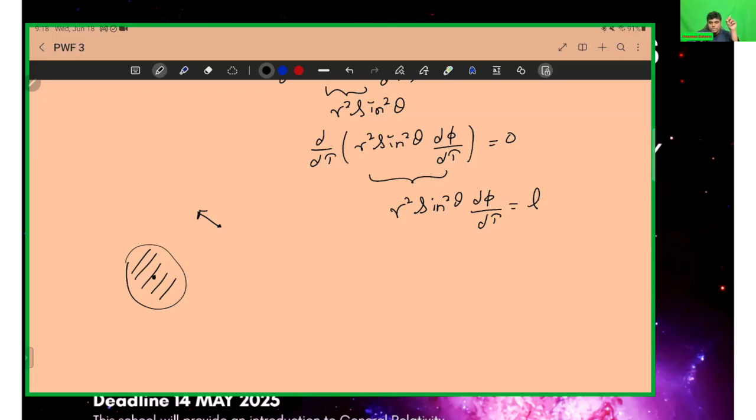You can always choose a plane that contains this origin and that contains this velocity vector. Okay, so you can always choose a plane. Now, my claim is that this particular particle that's moving in this plane will never leave this plane.